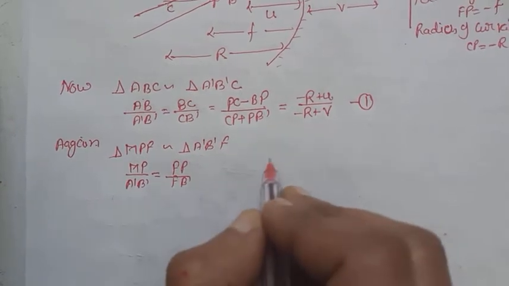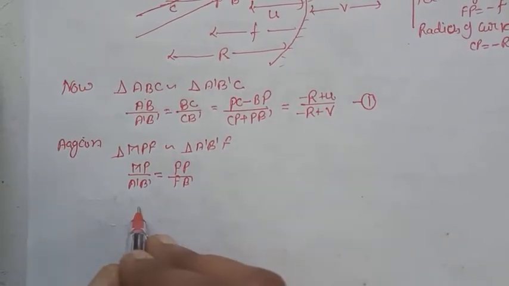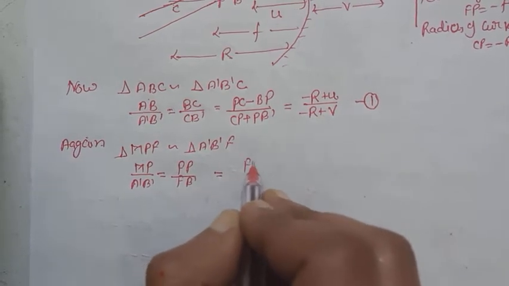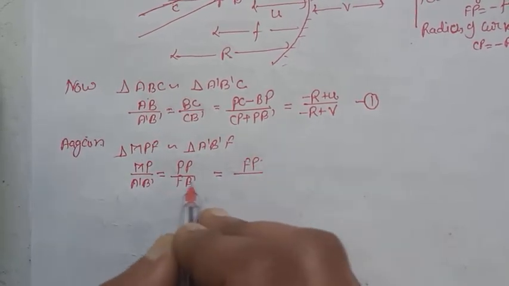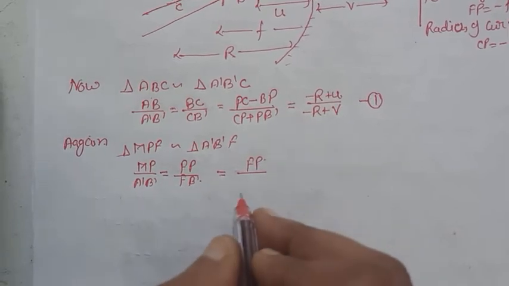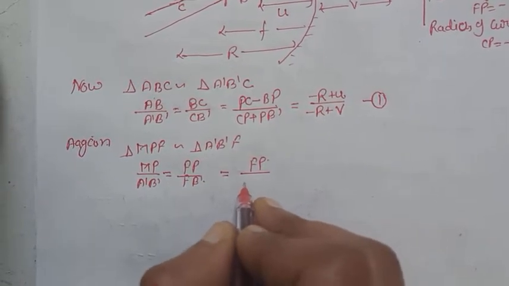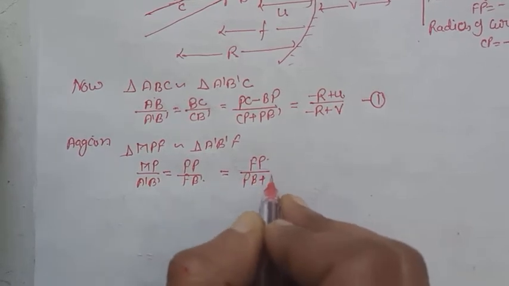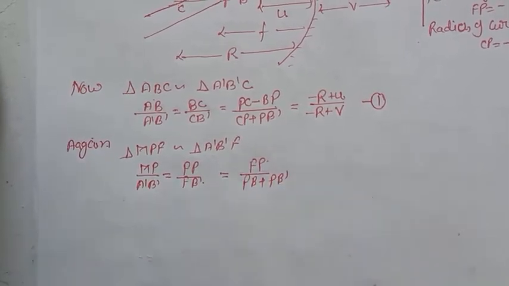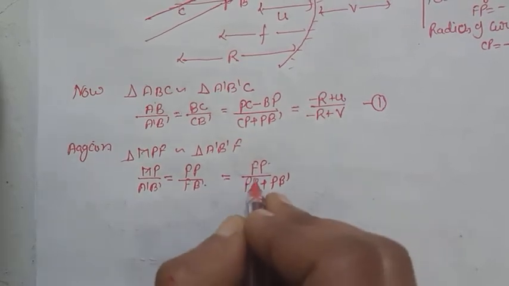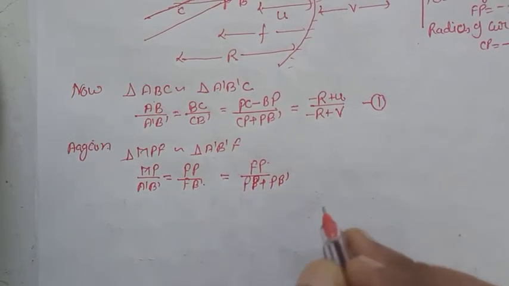And FP is written as usual, and FB dash can be written as FP plus PB dash.